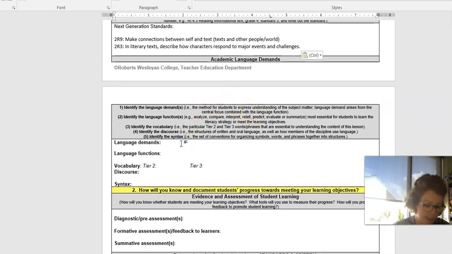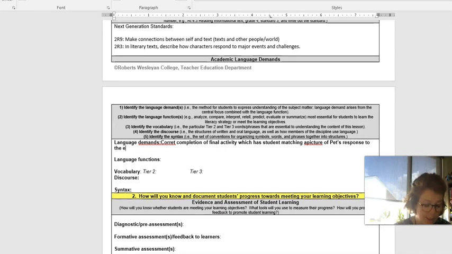So language demand is going to be correct completion of final activity, which has students matching a picture of Pete's response to the event.